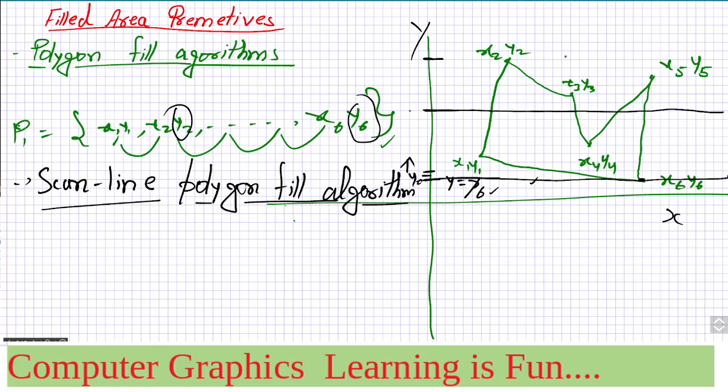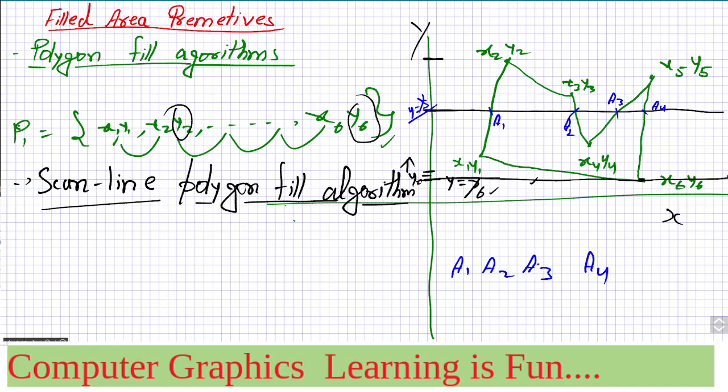Suppose the intersection points are A1, A2, A3, and A4. So for this line y is equal to something, this line is intersecting 4 different lines at 4 different places. So now you have these points A1, A2, A3 and A4.